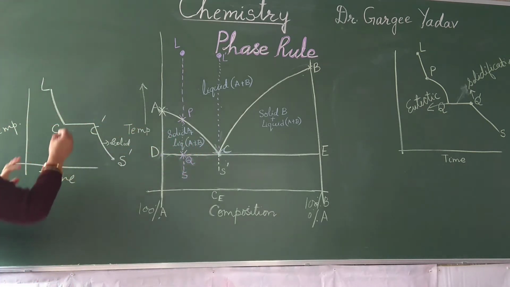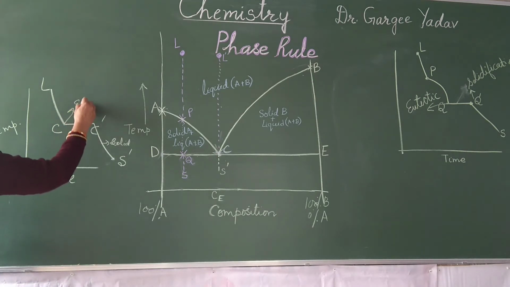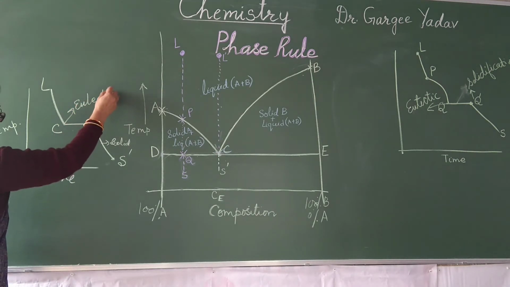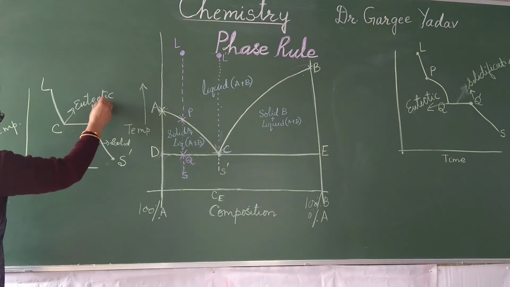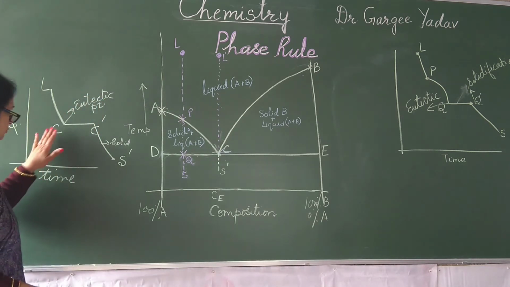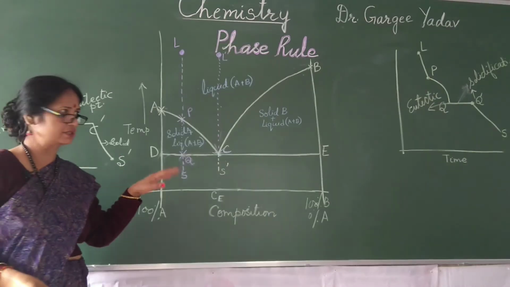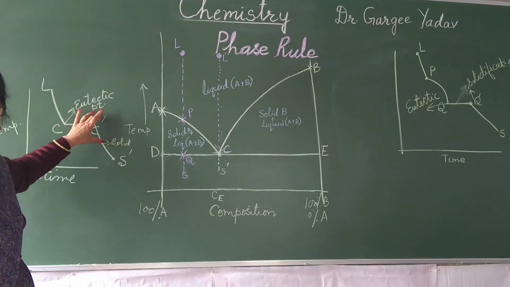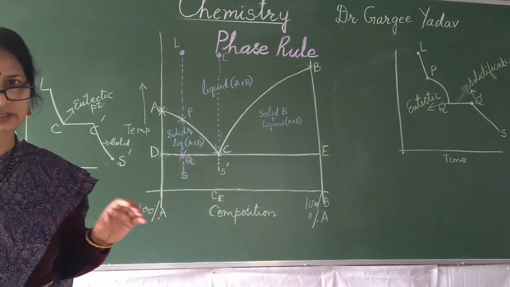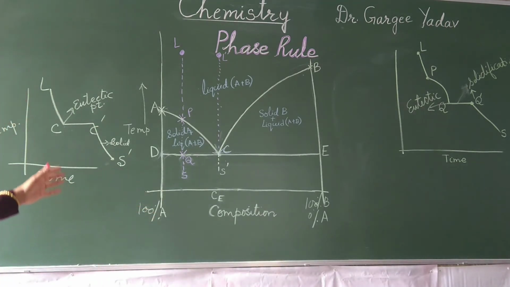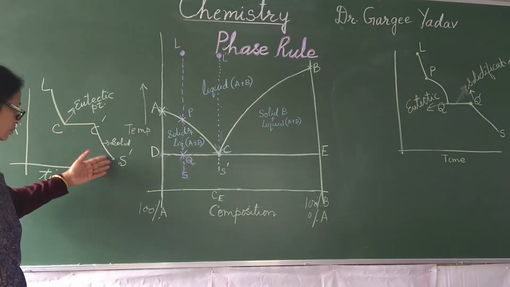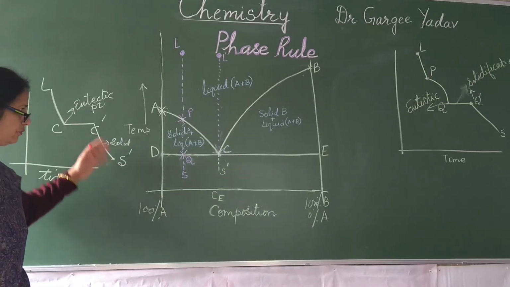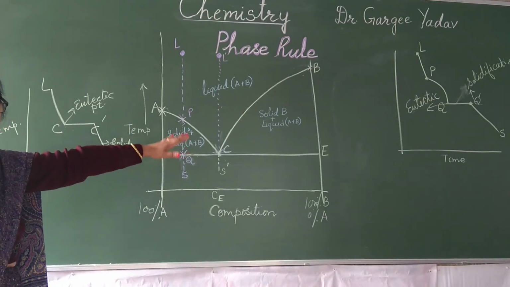This is the eutectic point, meaning solidification of the components starts, and during this process from C to C dash, the solidification is complete, and cooling will result in the cooling of this solid compound which is being separated at point C.